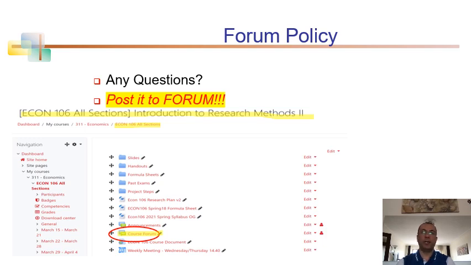So if you're looking for an answer, post it to the course forum, and someone will answer you. Maybe not instantly, but you will get an answer. And maybe your question is something of interest to many people. So just post it to the forum, and other people, your classmates, will also benefit from this question.